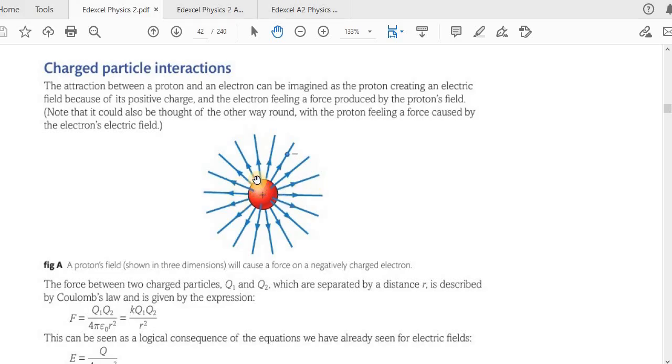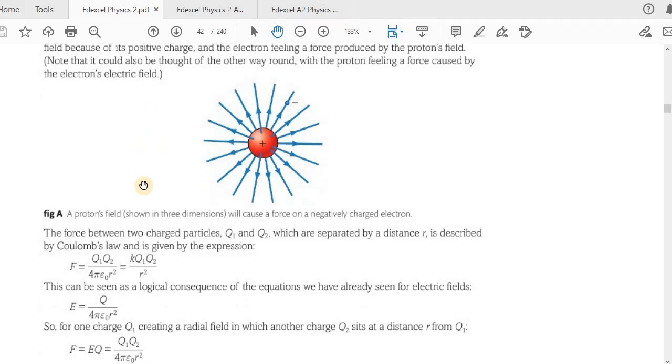So here we have a positive charge, so these arrows represent the electric field lines, and you can see the arrows are pointing away from it because of its positive charge, and the electron feeling a force produced by the proton's field. Note that it could also be thought of the other way around, with the proton feeling a force caused by the electron's electric field. A proton's field shown in 3 dimensions will cause a force on a negatively charged electron.